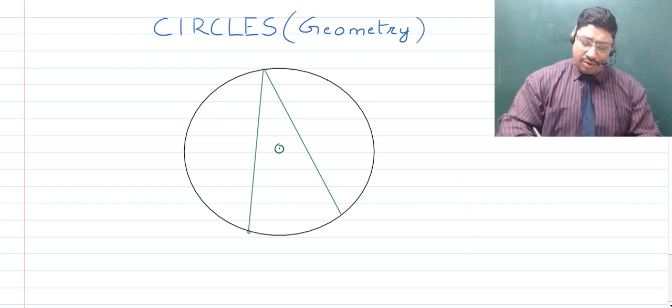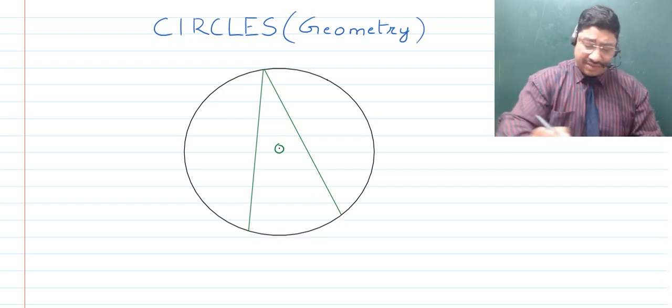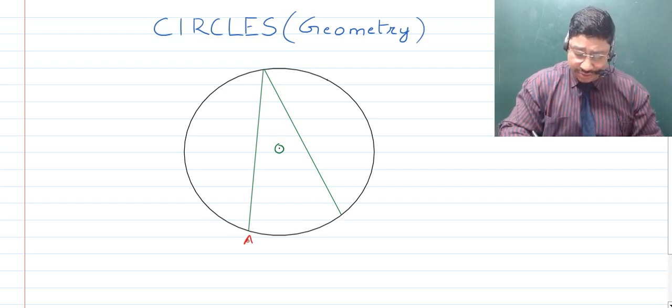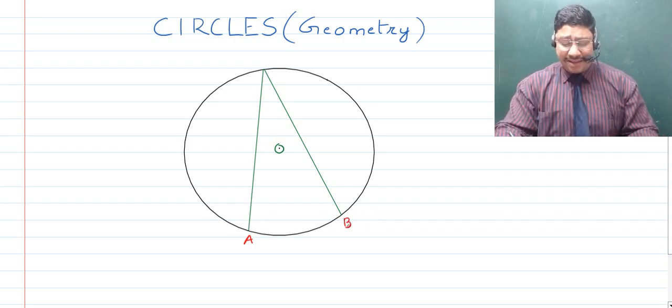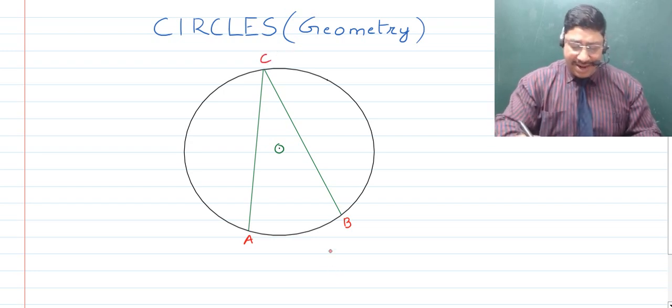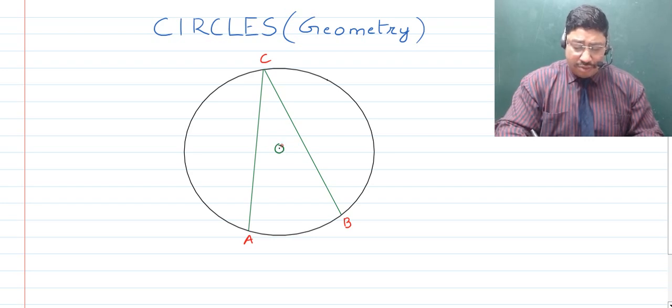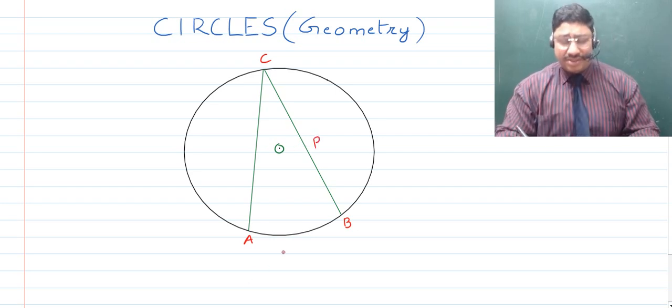Now, if you talk about this segment or arc of the circle, we can name it, say, AB. Now we are interested in finding the angle on this arc of the circle at the circumference, let's say at a point C. And let's say the center of the circle is some point P. I'm writing it outside because we'll be doing some things here.